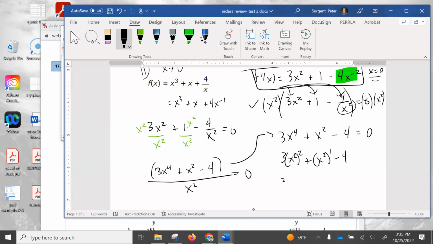But my point is, it factors like this, like factoring 3x squared plus x minus 4. To get 3x to the fourth, it's 3x squared times x squared. And then I could figure out how to get 4 and 1. It works the same way.